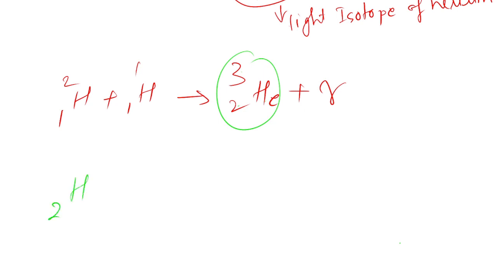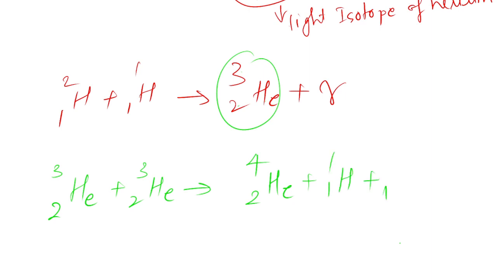So here 2He3 plus 2He3, they combine together, and they form 2He4 plus 1H1 plus 1H1. So here helium is formed, which you see in the periodic table, 2He4, right?